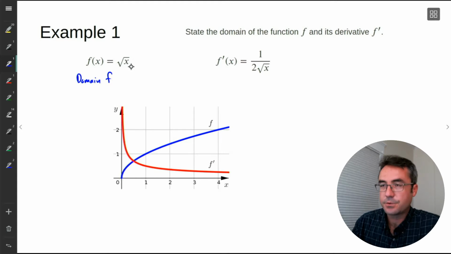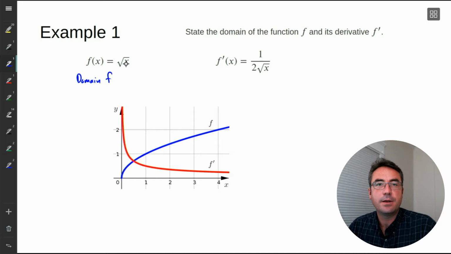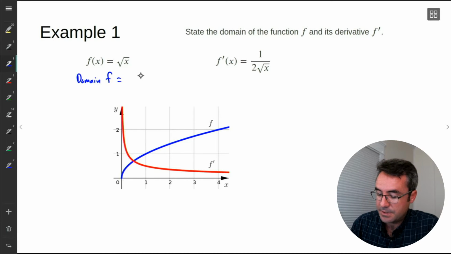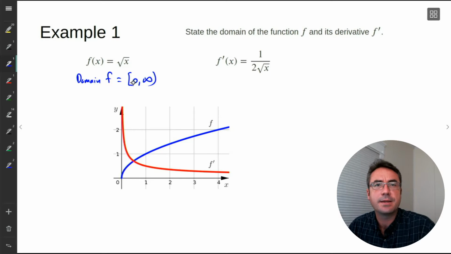Well, we know that for square root functions, we can plug in all positive numbers, and we can actually plug in 0 here. So it's the closed interval from 0 to infinity, where we use this closed bracket to indicate we want to include 0. Square root of 0 is perfectly fine to plug into our square root function.